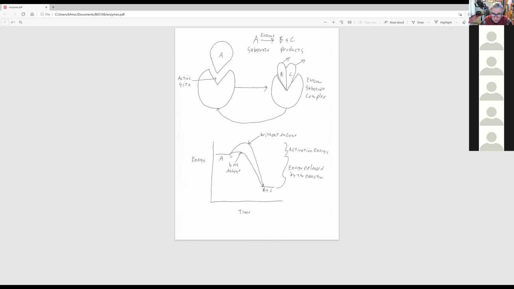Here you can say that A has a fair amount of energy in it. B and C have less energy in it, and that would be a spontaneous reaction. If we had a build-up reaction, B and C made into A, you may have to use cellular energy to make that go. But this is a spontaneous reaction going from a high energy to a lower energy.